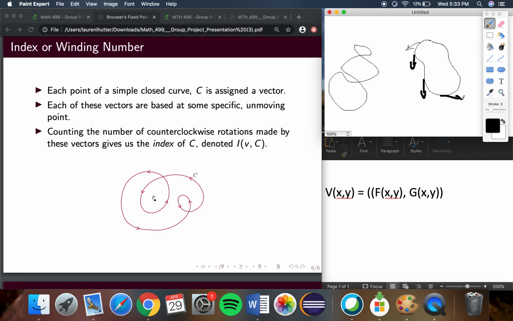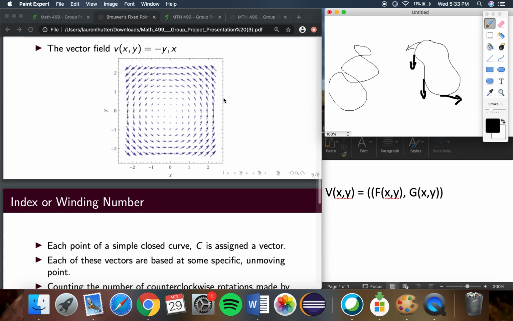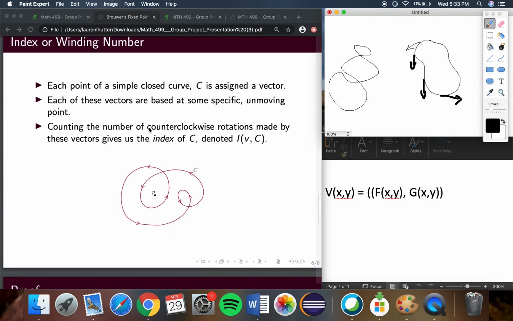And because we're thinking of laying this closed curve into a vector field like this, I'm just trying to model that motion, right? So we have a vector for each point, and this is just a skeleton representation again. I can't really draw a vector for each point, but you guys know what I mean.